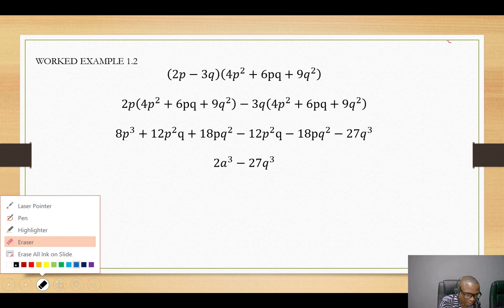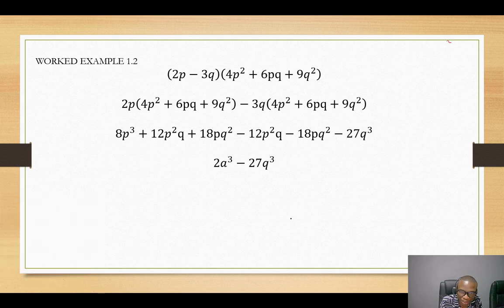Let me say you have an expression which is 2x squared plus 3x. These two terms, 2x squared and 3x, are not like terms. Why? Yes, these two terms have the same variable, which is x.